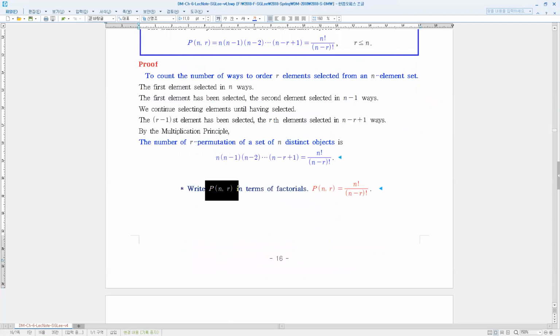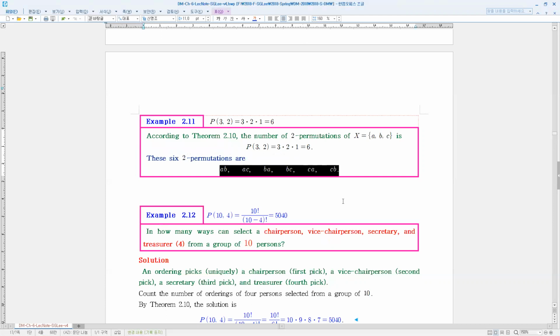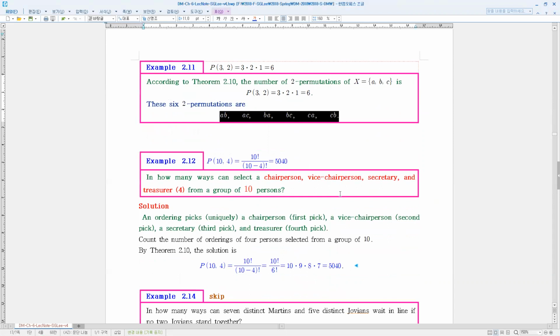So P of n and R in terms of factorial can be written as this. You see, P of 3, 2 is 3 times 2 times 1, which is 6. According to theorem 2.10, the number of 2 permutations of X is 3 times 2 times 1, which is 6. So we have 6 2 permutations of the 3 objects ABC.